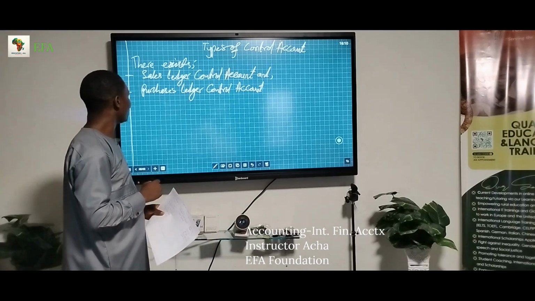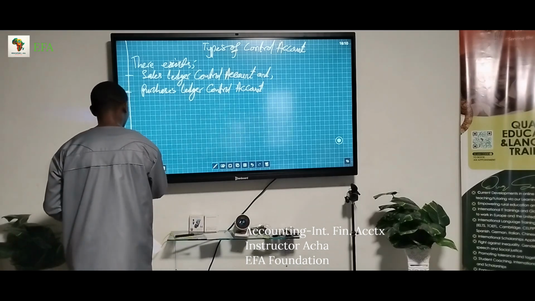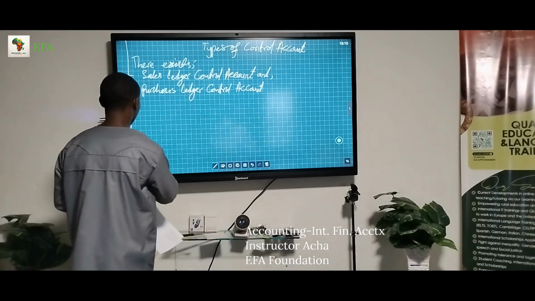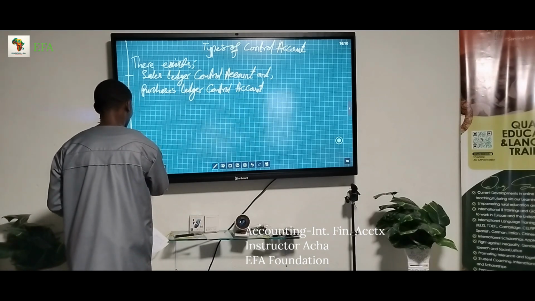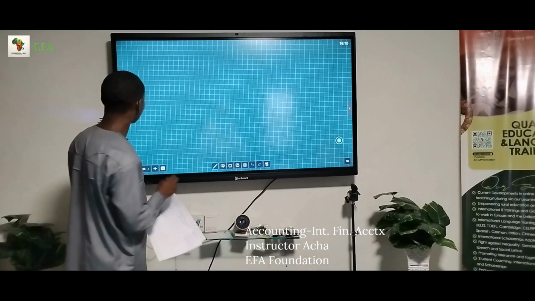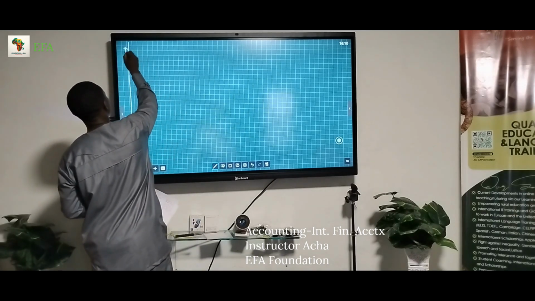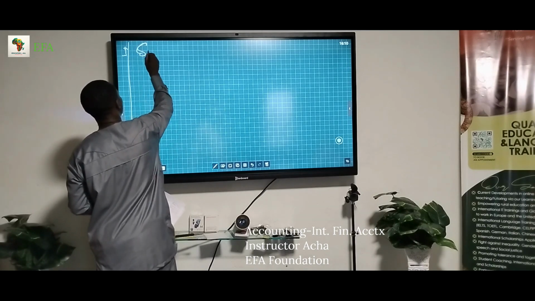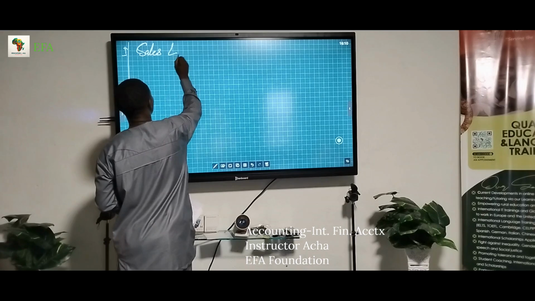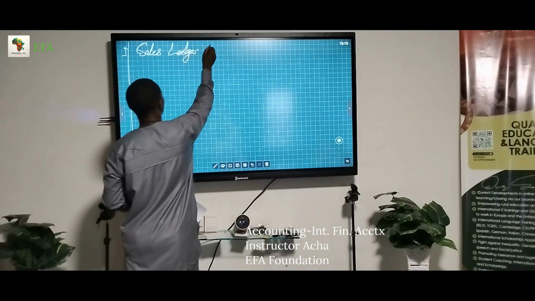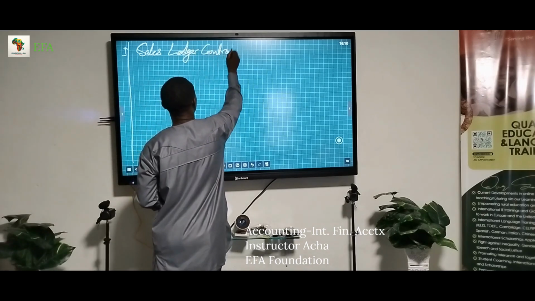Okay, now let us look at the definition. Let's look at the very first one today, that is the sales ledger control account.